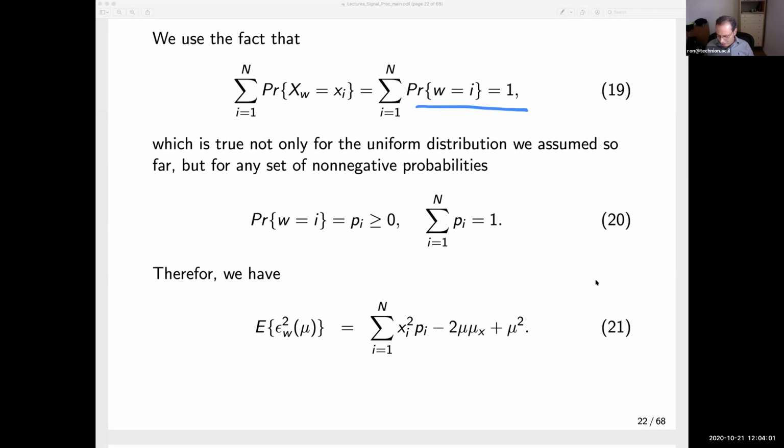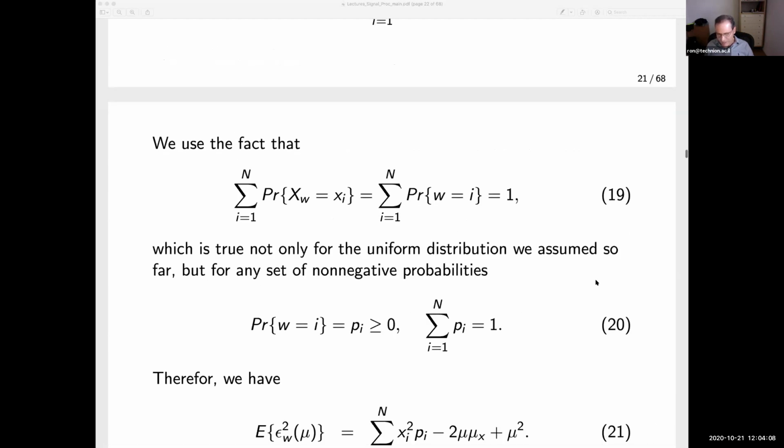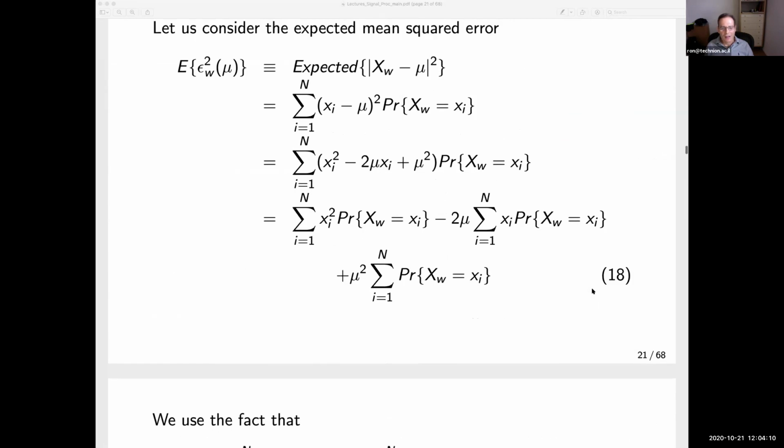So we can write the previous summation as follows. We had the probability of xi, which I'm calling pi or p of xi, and this guy would be nothing but the mu, and this one would be equal to 1.